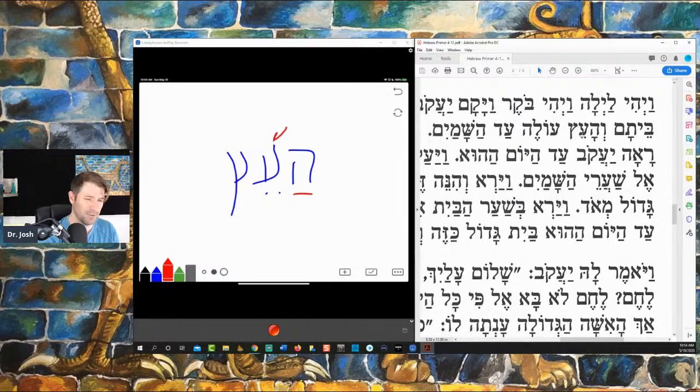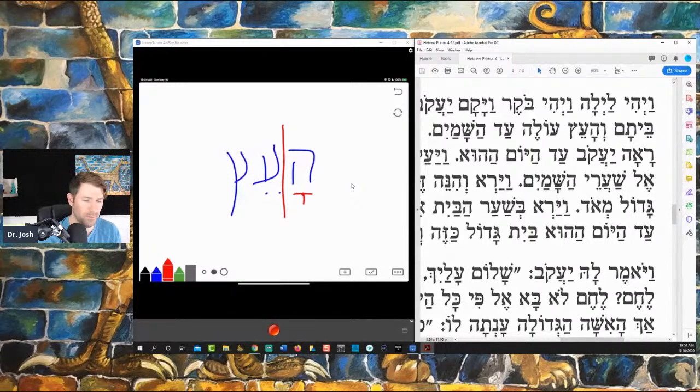It's because gutturals and resh, as you remember, don't like being doubled. They don't like having that dagesh, that tagesh, the doubling dot there. So what ends up happening is you have this open syllable here, and it's short, and you can't have a short vowel in an open syllable, so they lengthen it.